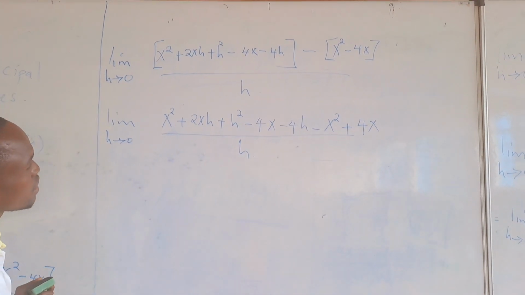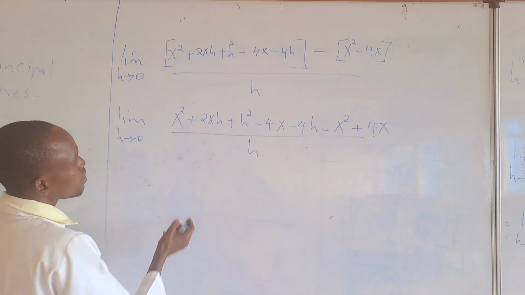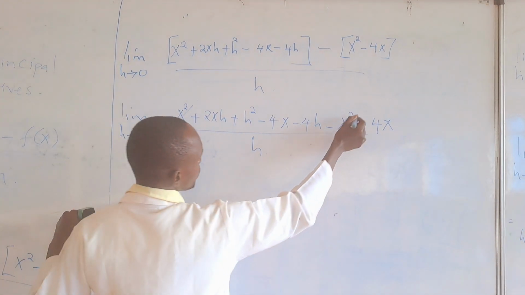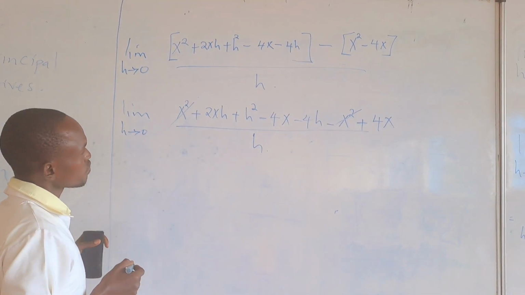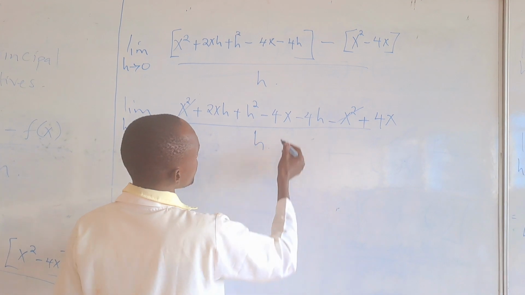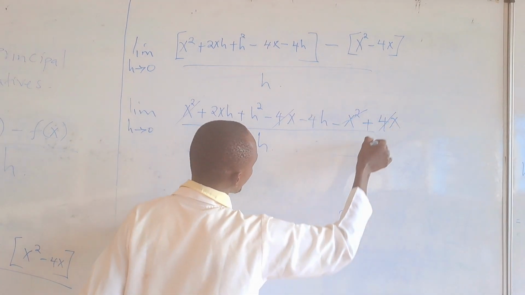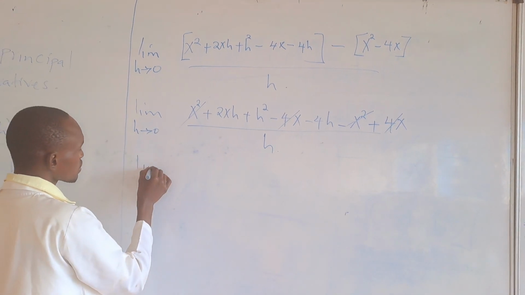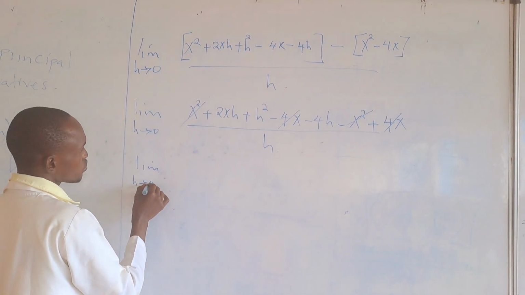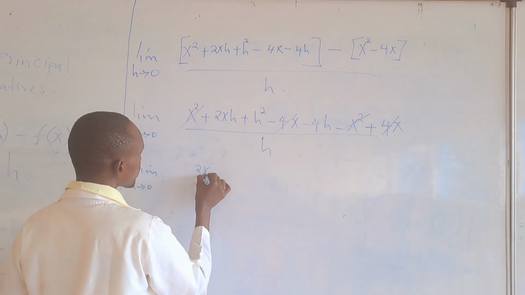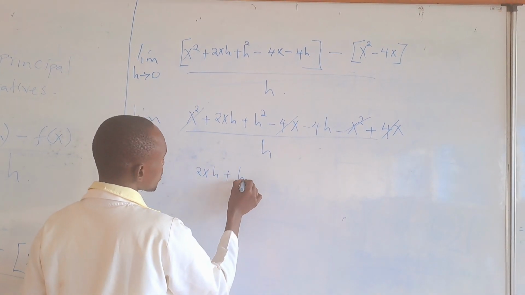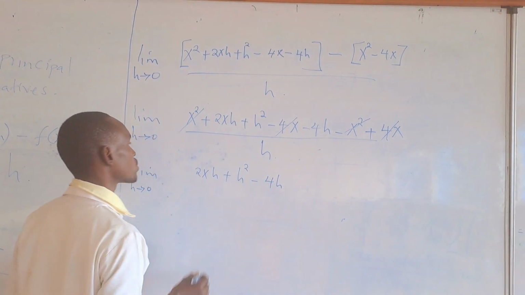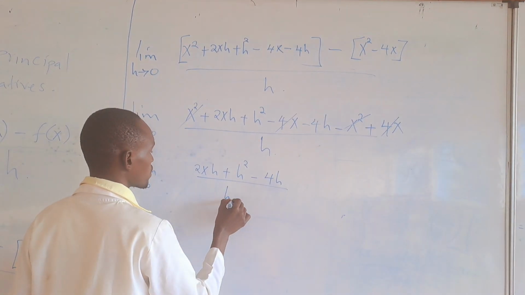Now let's see the like terms. If you look at this, we have positive x squared and negative x squared, so that cancels off. We also have negative 4x and positive 4x, so we have the limit as h tends to 0 of 2xh plus h squared minus 4h divided by h.